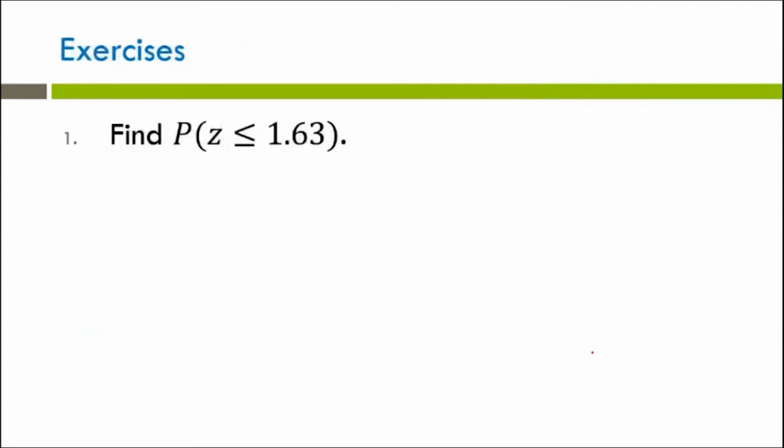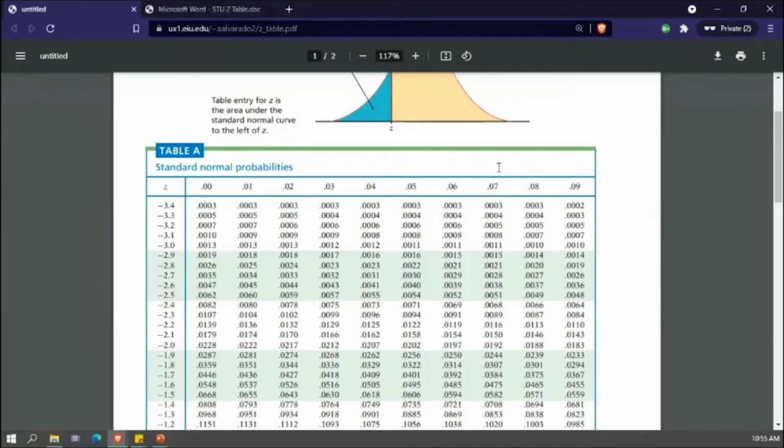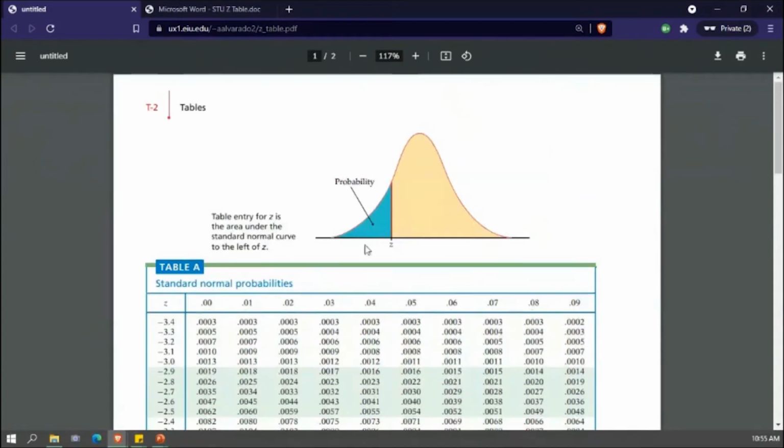Let's take these examples. Find the probability of z less than or equal to 1.63. Now I have here two websites. One has better resolution, better images.